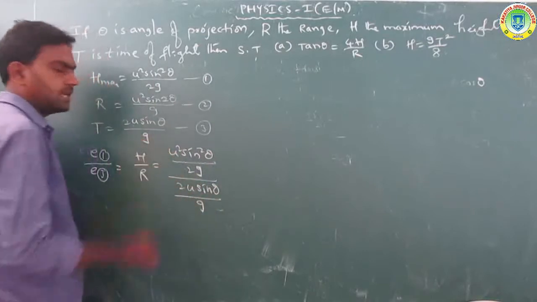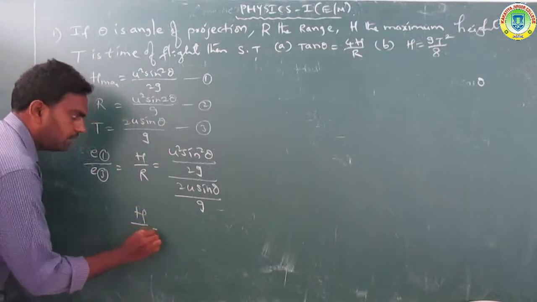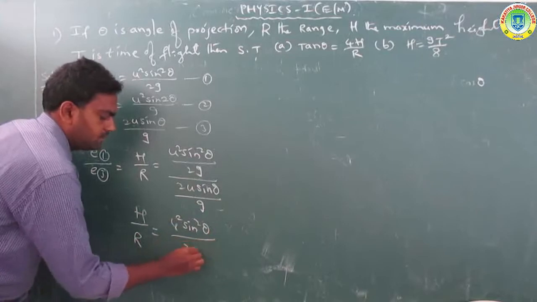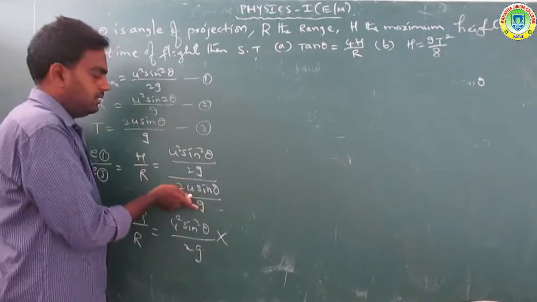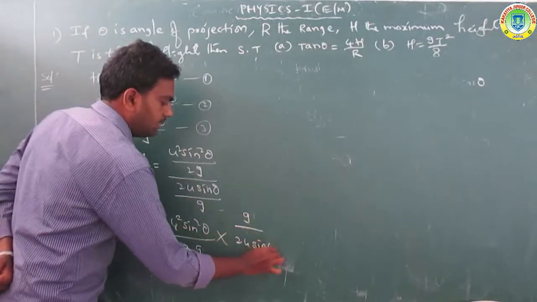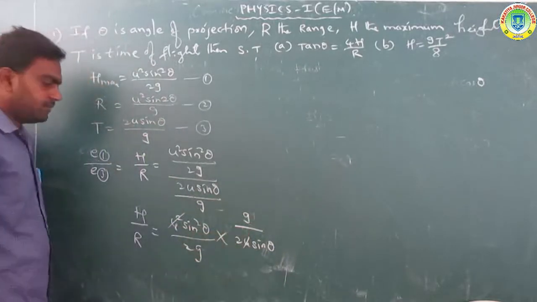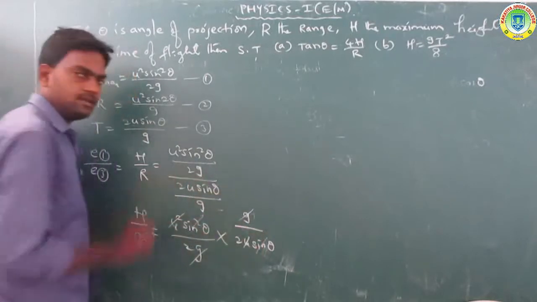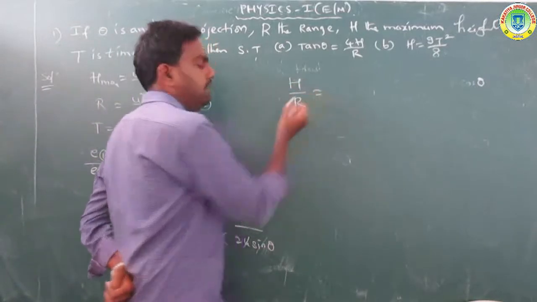Now h by r is equal to u square sin square theta by 2g into, writing in reverse, g by 2u sin theta. Okay, so u square and one of the u cancels, g cancels, and one of the sin theta cancels. So the remaining equation we get h by r is equal.